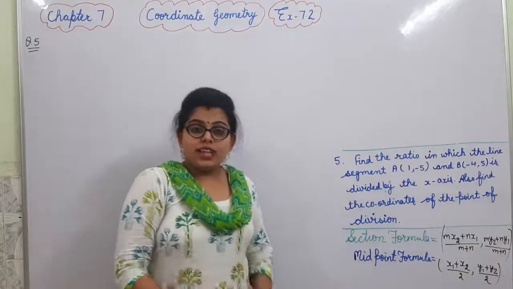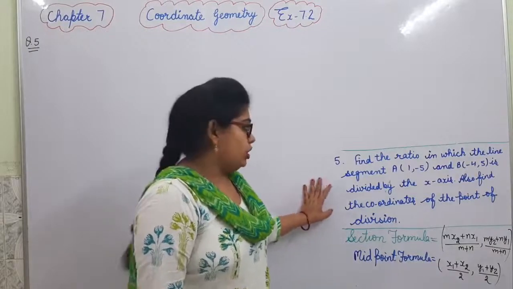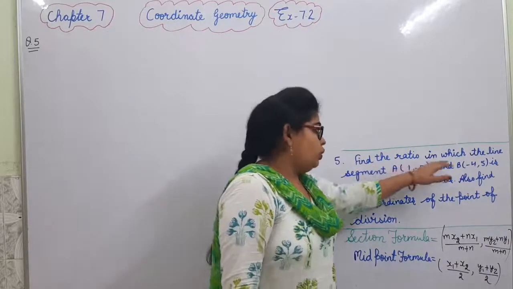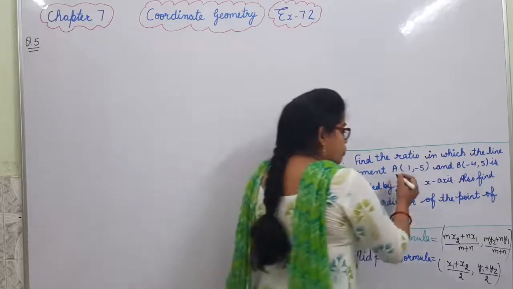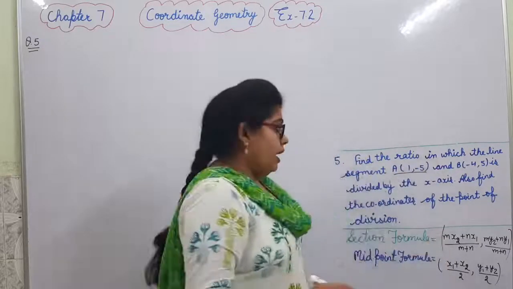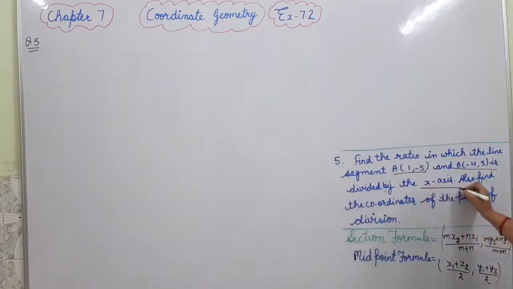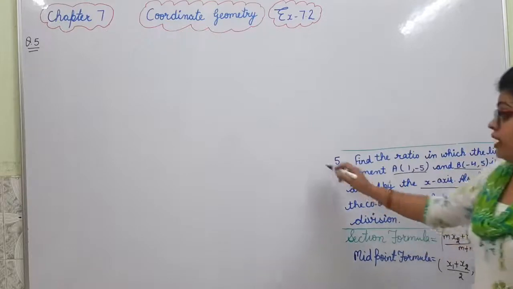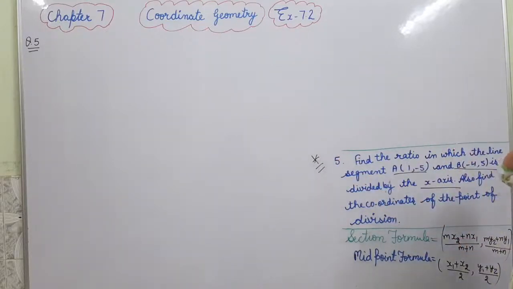Dear students, now see the next question. What is given in the fifth question? Find the ratio in which the line segment A (1, -5) and B (-4, 5) is divided by the x-axis. Dear students, it is a very important type of question. This type of question mostly comes in the exam.